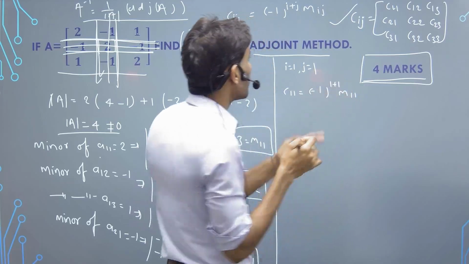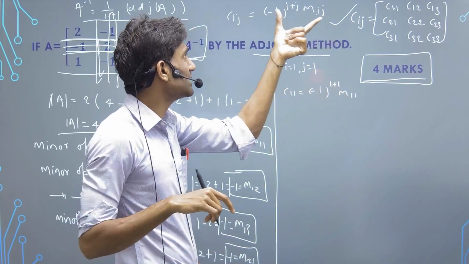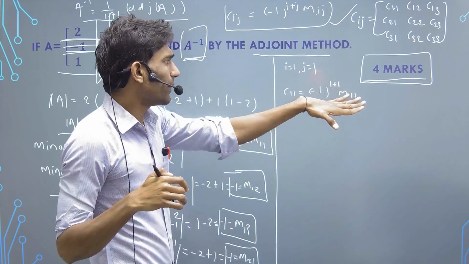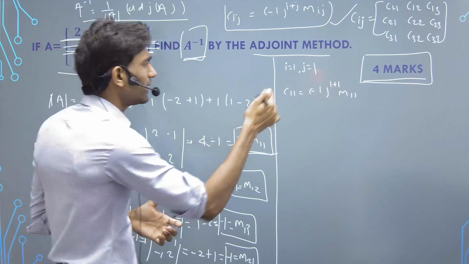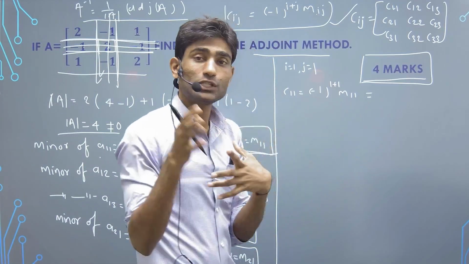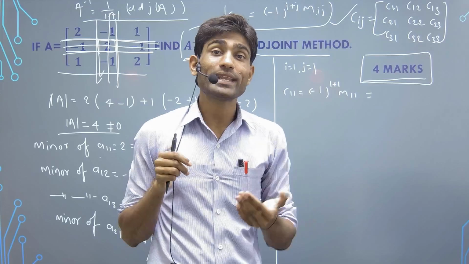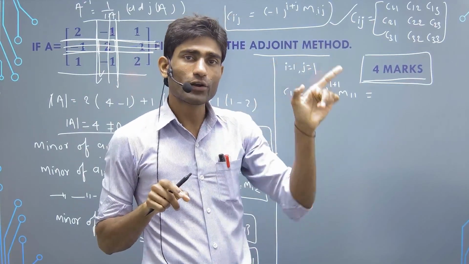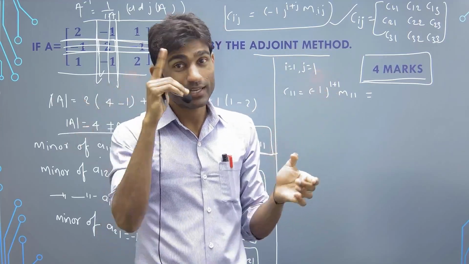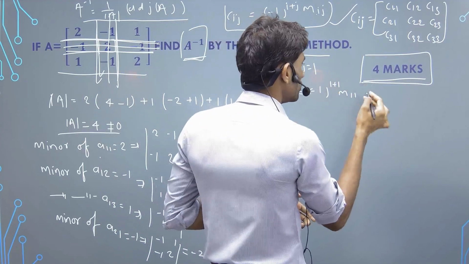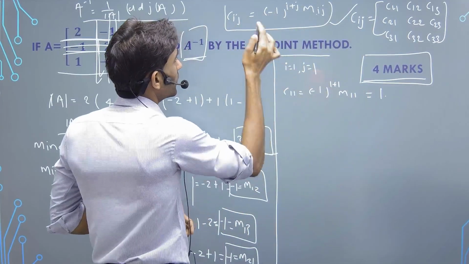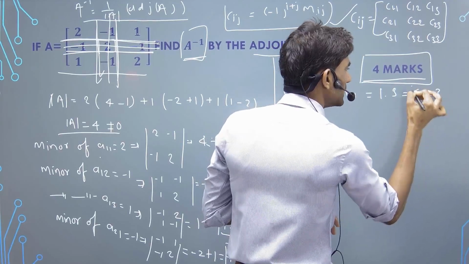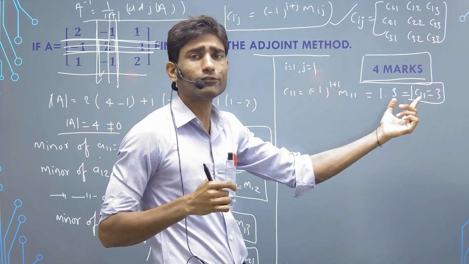I replaced i with 1 and j with 1 in this entire formula, and we use the minor of 1, 1, which we found here is 3. Now (-1) raised to 1 plus 1, that means -1 to an even power like 2, 4, 6, 8 always gives positive, and -1 to an odd power like 1, 3, 5, 7 gives a negative value. Remember this. So (-1) raised to 2 gives us 1, and the minor of 1, 1 is 3. That means C11 is 3. I hope you all have understood the first element of our cofactor matrix.